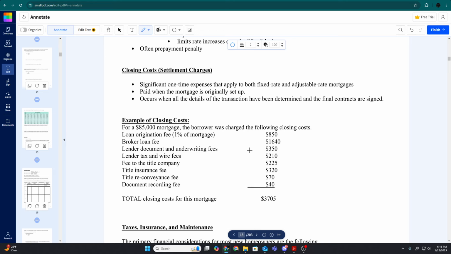You've got title work, which is very important, because the title for the home makes sure that there's no funny business going on. For example, if you're buying a home, you want to make sure the person you're buying it from actually owns it and there are no issues. Sometimes things go weird, where there's a break in the line of when the home was transferred to people.